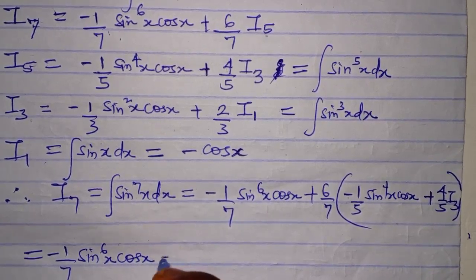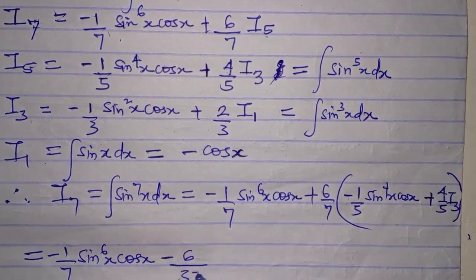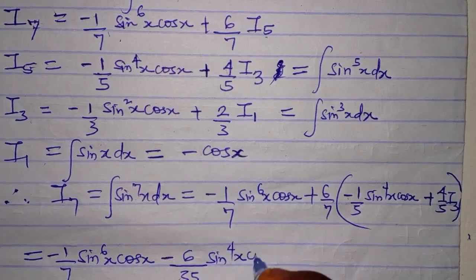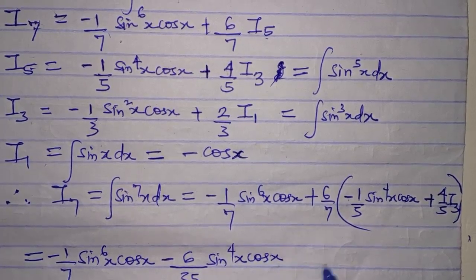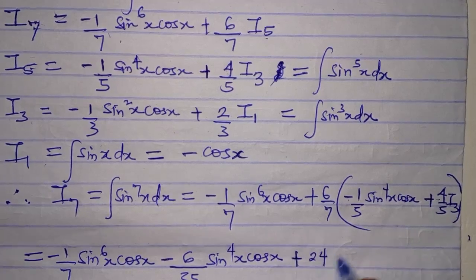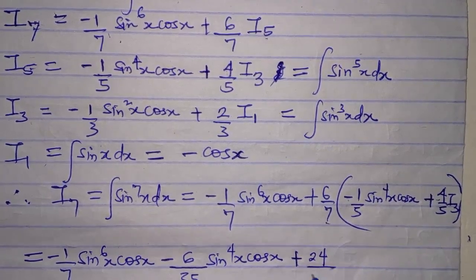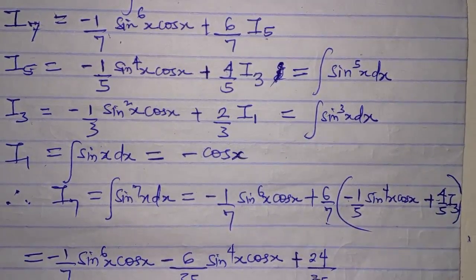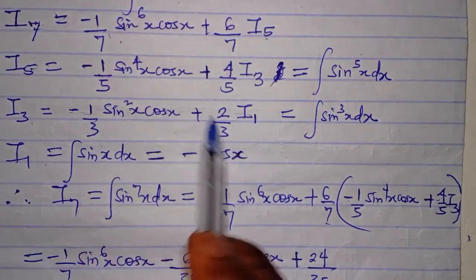Then multiply, I have minus 6 over 35 sine 4x cos x. Then 6 times 4, that's 24. 7 times 5 is 35. I3, right? What's I3? This is I3. Everything here.